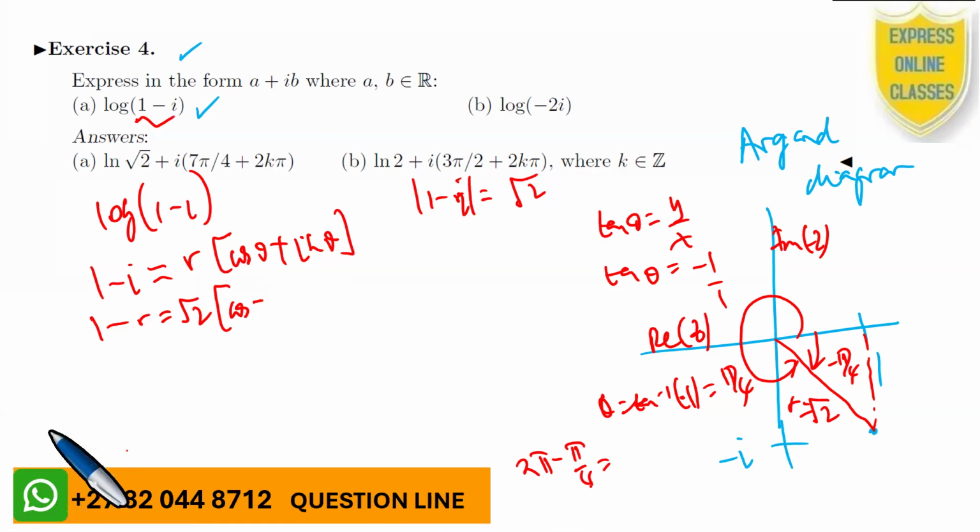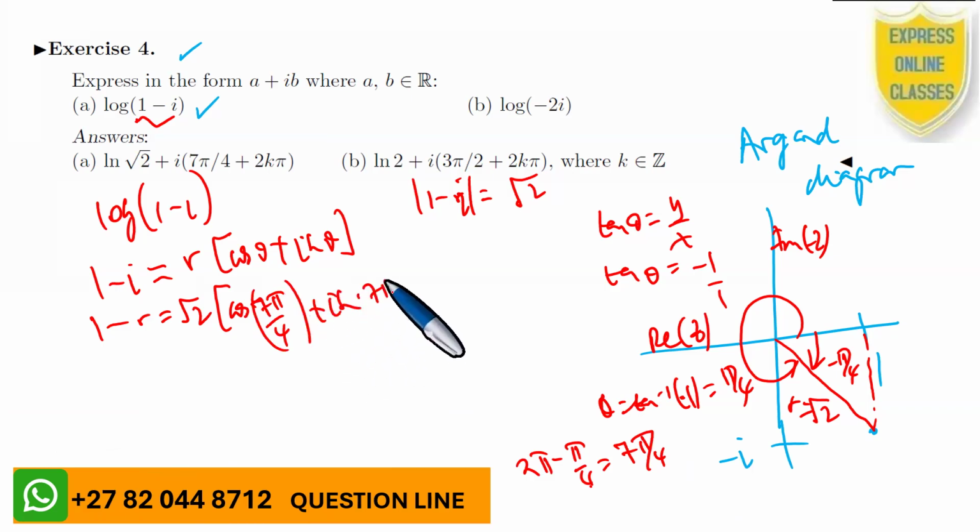So you have cosine of 7 pi over 4 plus i sine of 7 pi over 4.